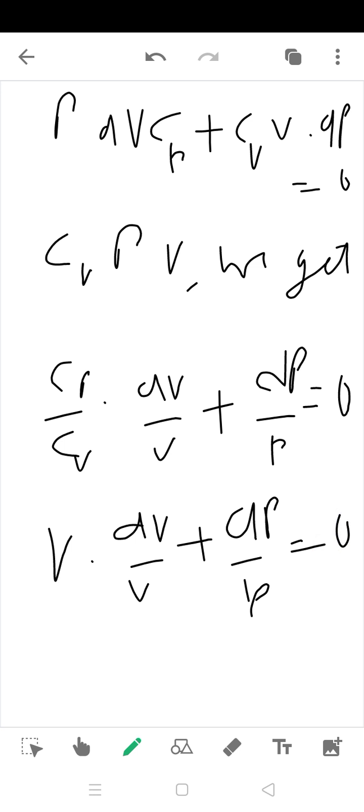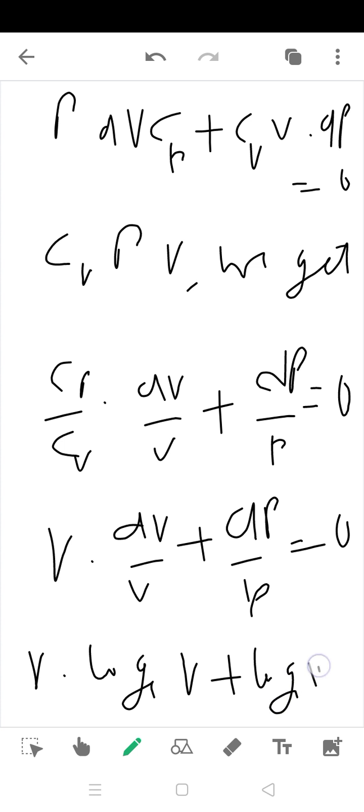We will integrate, and we get gamma log V plus log P is equal to constant.